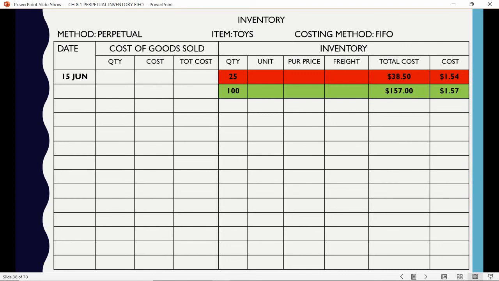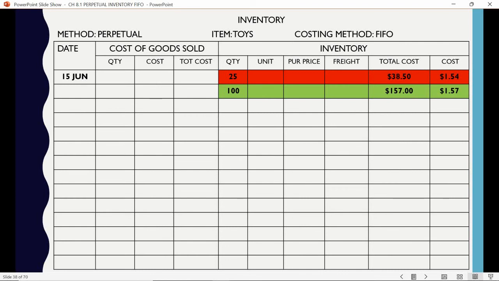We have to put it in the exact order because, let's say I am selling milk, I can't just combine the two and say this is my beginning inventory. I have to still keep it separate because this is the batch that you purchased first, so you need to sell them completely out first.